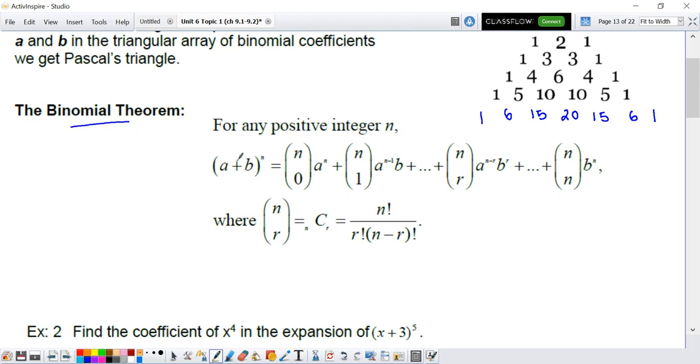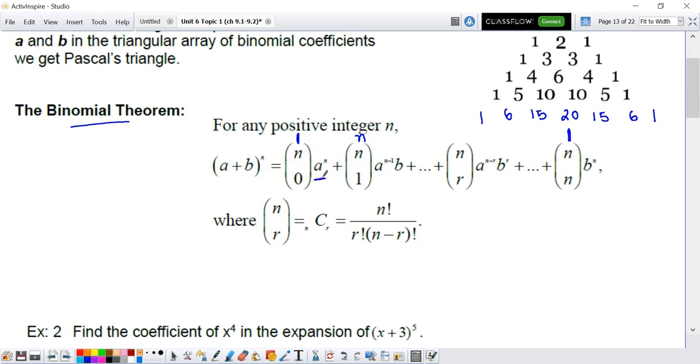So let's understand this theorem: (a plus b) to the n. These are the coefficients: n choose 0, that is nothing but 1. n choose 1 is n, n choose n is 1, and b to the n, and all these are coefficients. Now the coefficient is nothing but a combination.